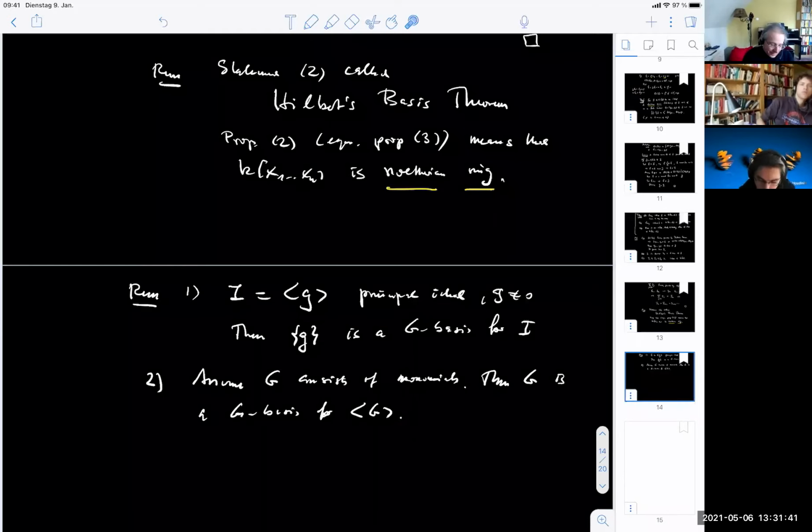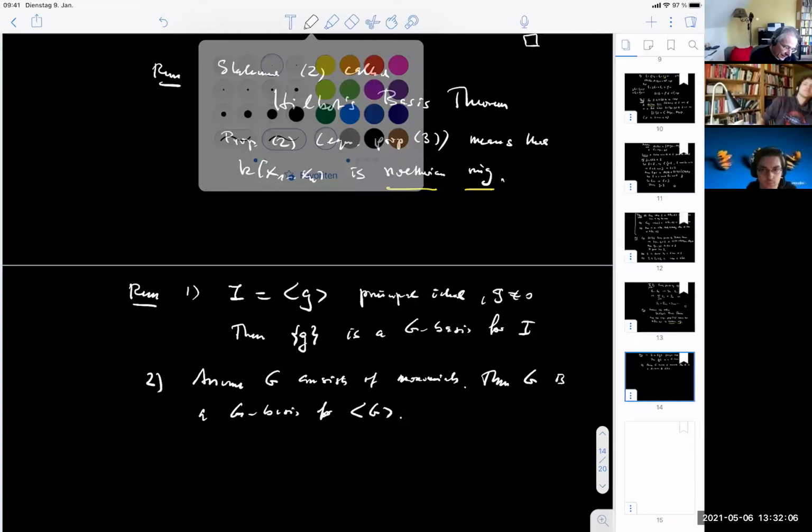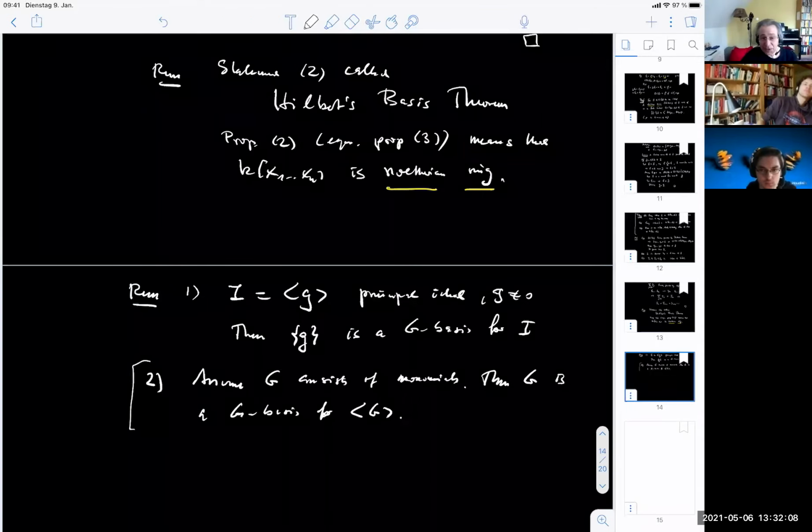So one of the G's in the capital G will divide the leading term. And that's the property that we need. This is a very simple observation, but it is false for general ideals. Somehow this concept of Gröbner basis allows us to save this.